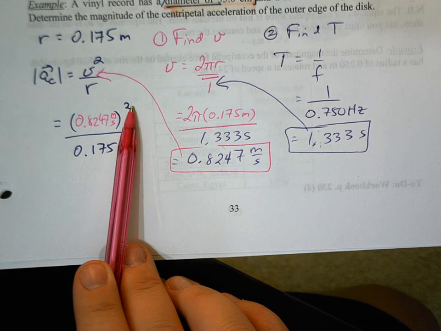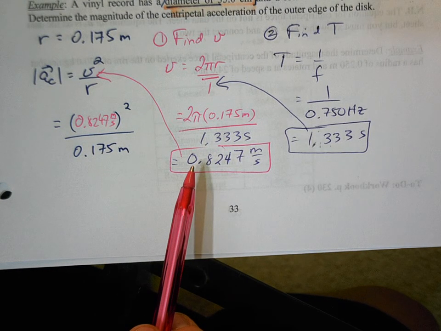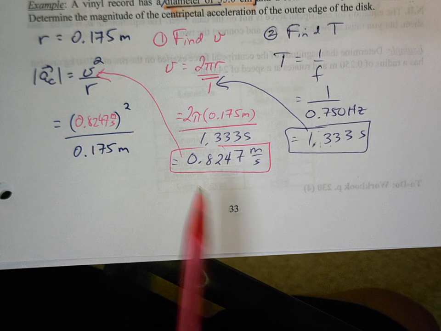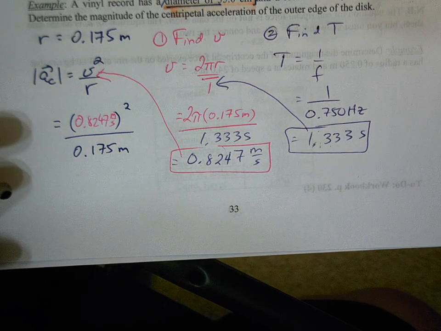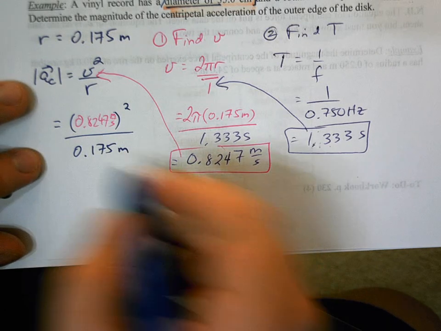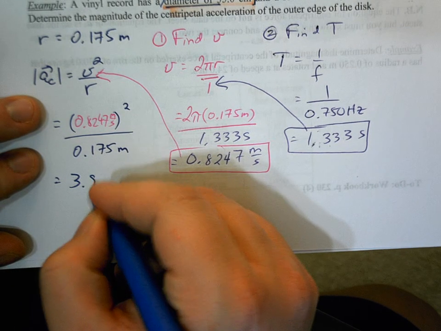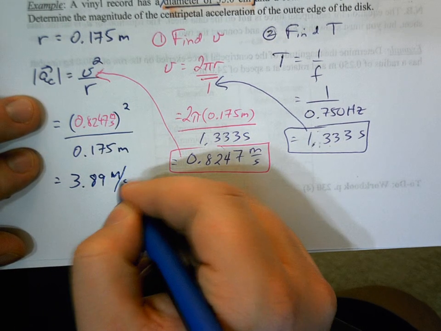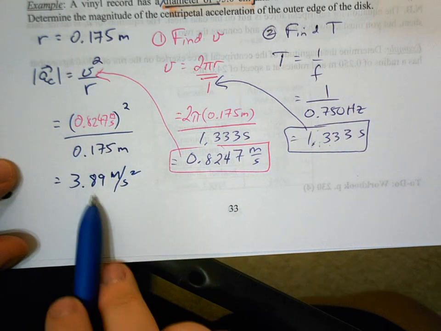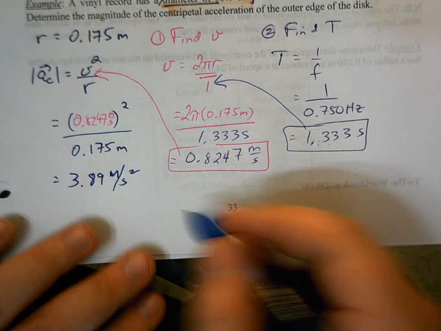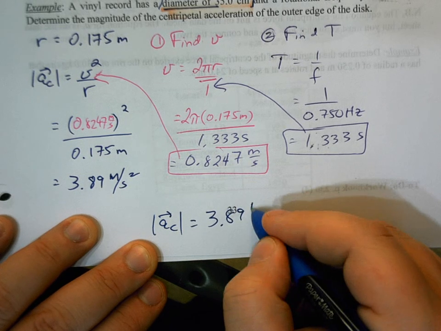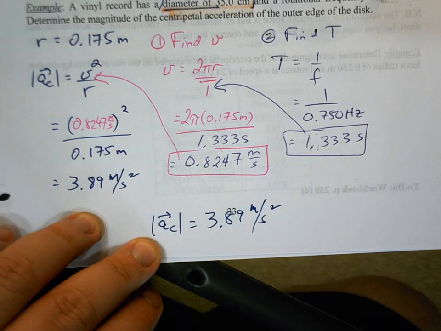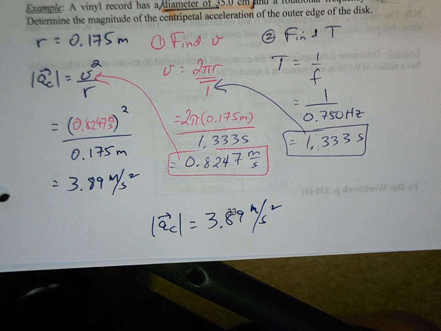So don't forget to square that speed that we just found. The biggest mistake. Don't fall into the trap on that one. If we square that and divide by this radius, we're going to get about 3.89. And centripetal acceleration still has the same units as acceleration, meters per second squared. So the magnitude of our centripetal acceleration here is 3.89 meters per second squared.